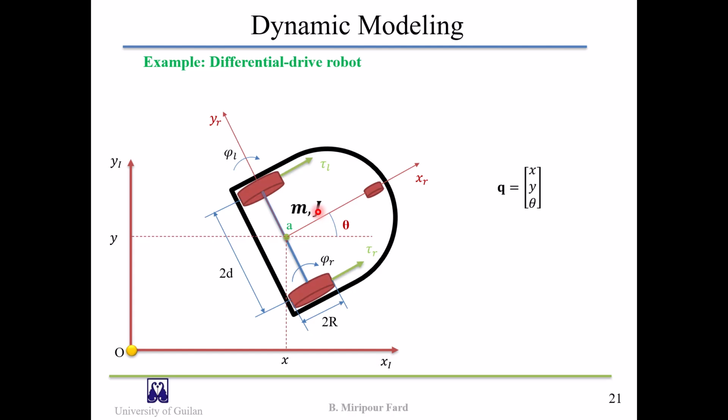The robot is described by three generalized coordinates, you can see here x, y, and theta. And its inputs are the torques on the left and the right wheel, denoted by tau L and tau R respectively.